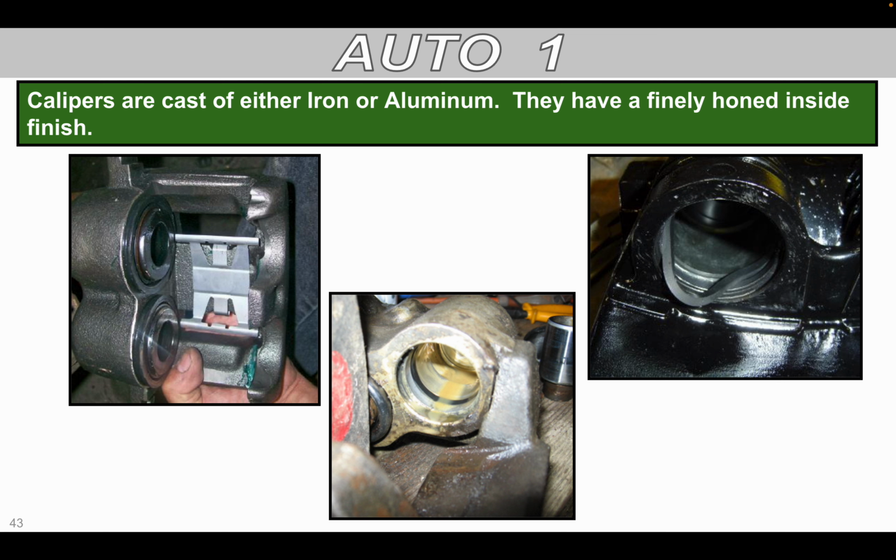This is where the brake fluid is living. The piston's moving in and out, so I want that to be machined and smooth, with less friction. You can see what that looks like, nice and smooth on the inside here. This one you can't see because the pistons are still in place, but you can see that this particular caliper has two pistons. This one's just got one, that one's just got one, or at least in this picture, I think that actually has two.